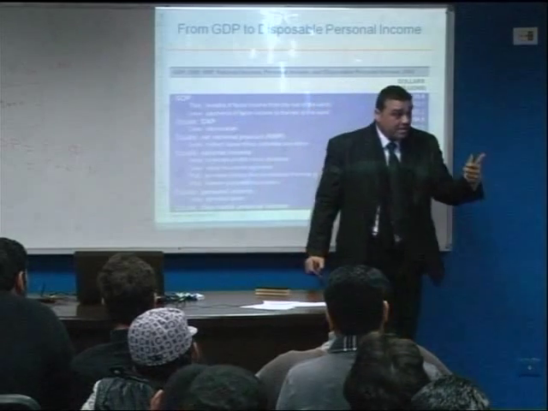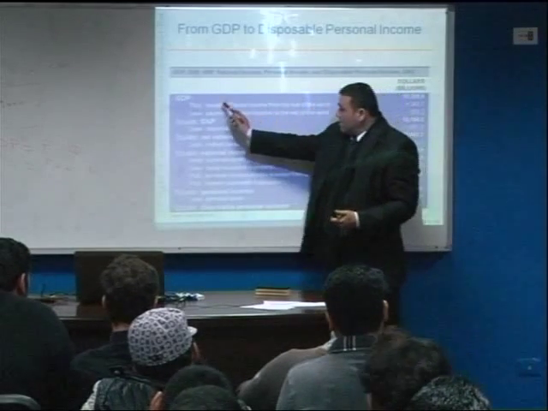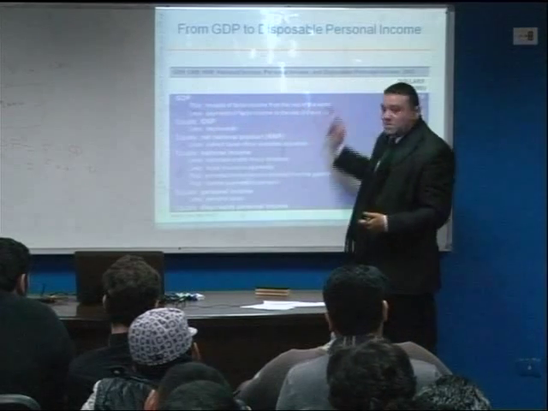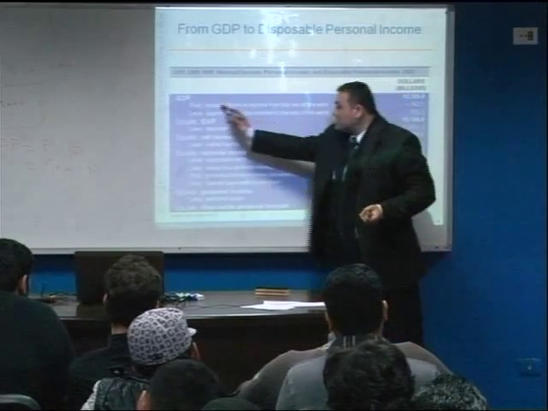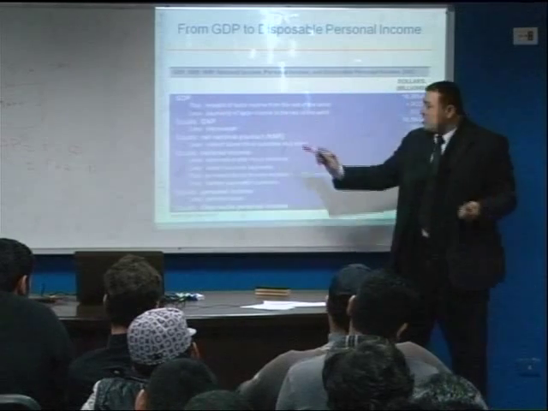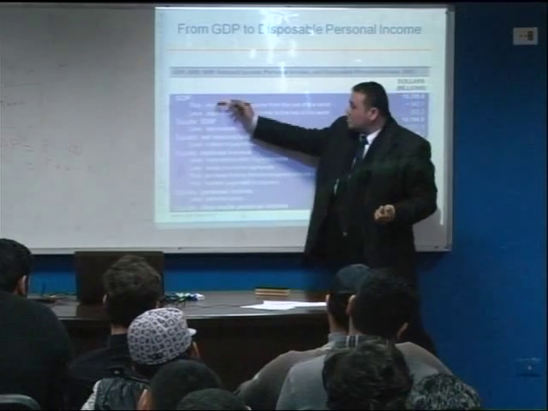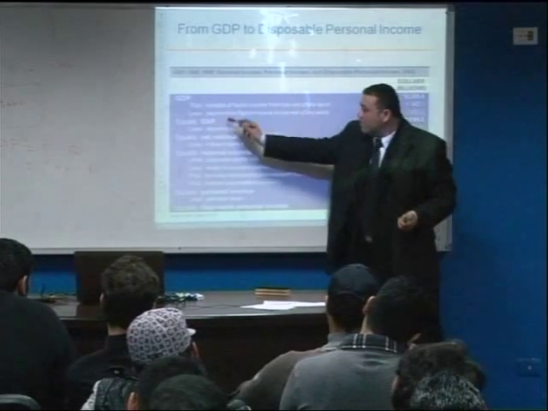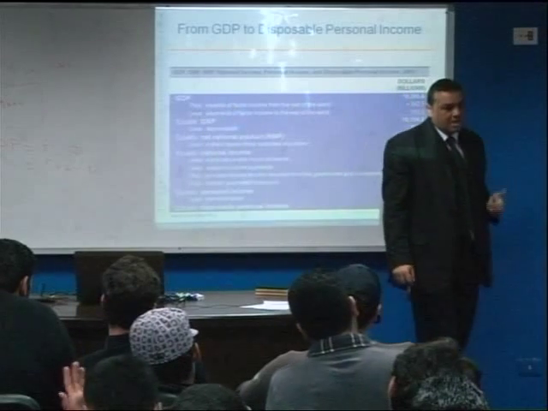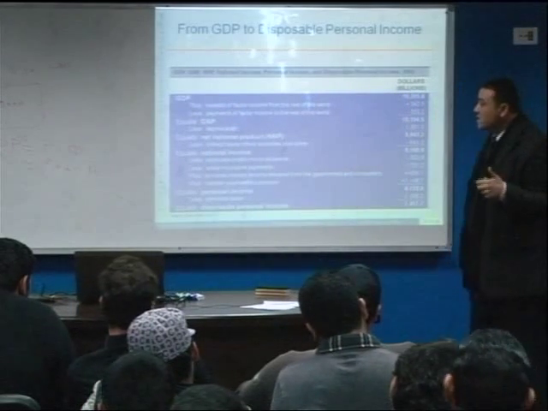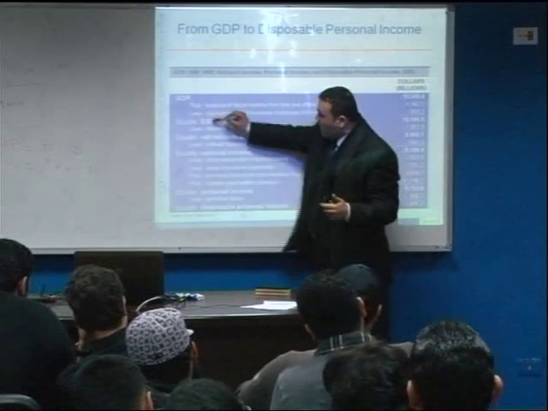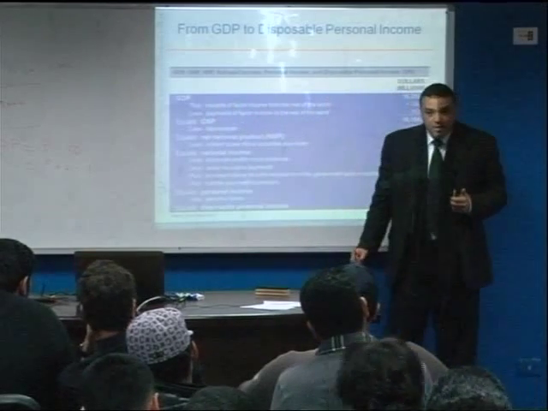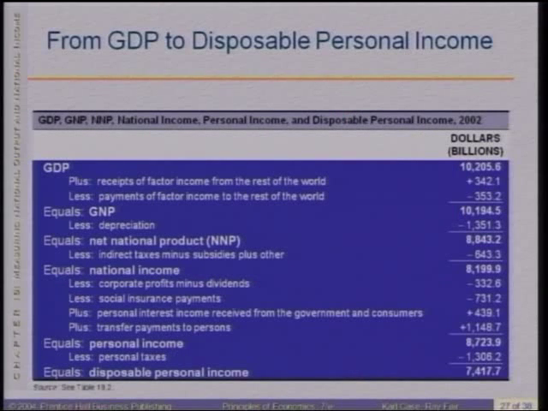So the GDP is given and receipts of the factors income from the rest of the world اللي استلمناه والpayments اللي طلعت برا to reach the GNP or GDP plus receipts minus the payments to the rest of the world بعطيني شو الGNP. بنقدر we can calculate the net national product اللي هو الGNP minus depreciation صح؟ As you know the GNP equals what?